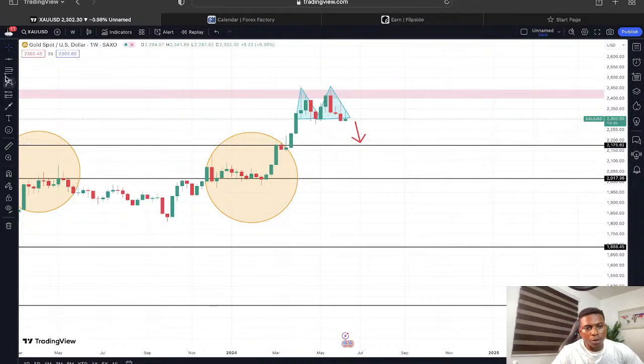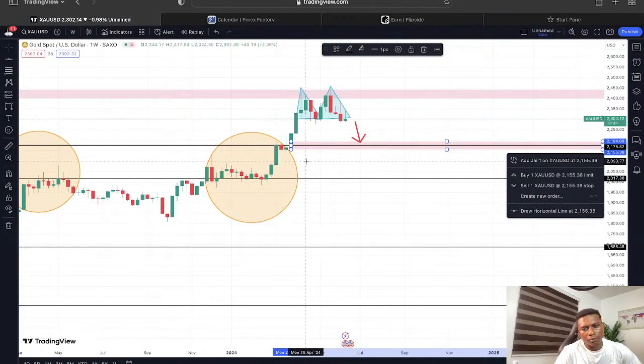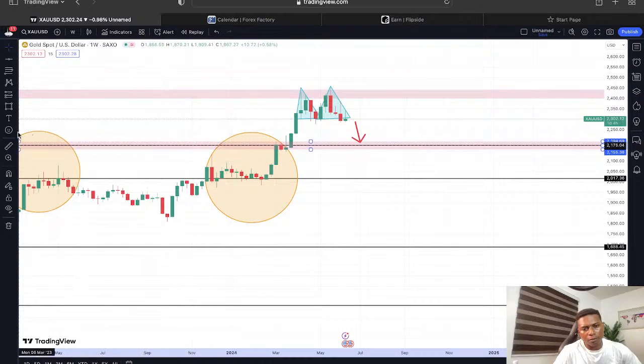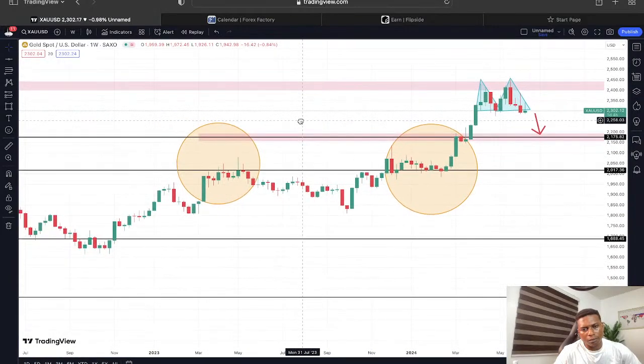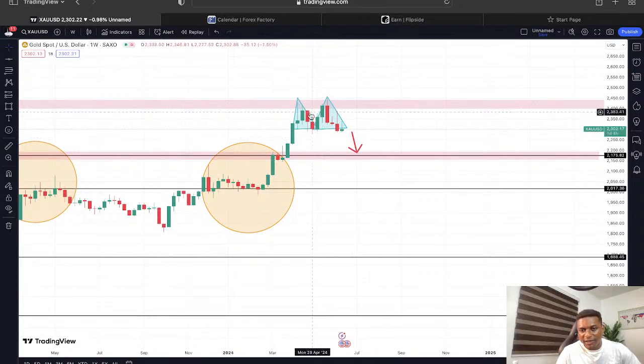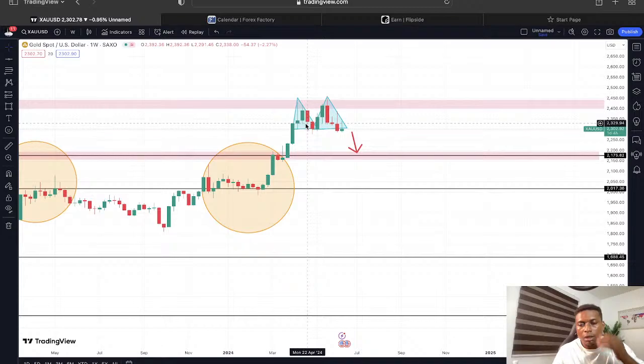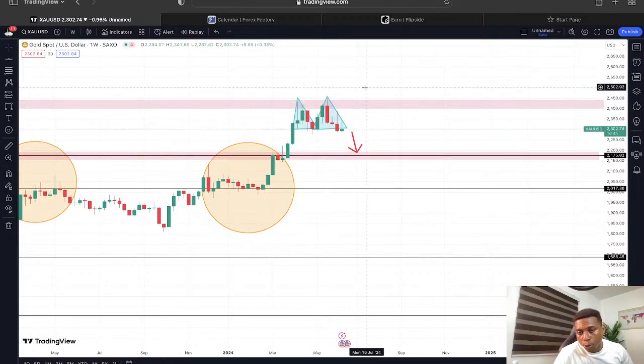So let me mark this level. As you can see here now, we spotted a double top, sorry, a double top on a resistance zone.